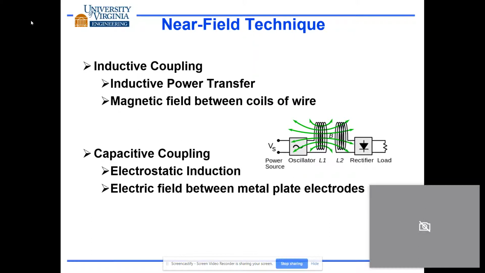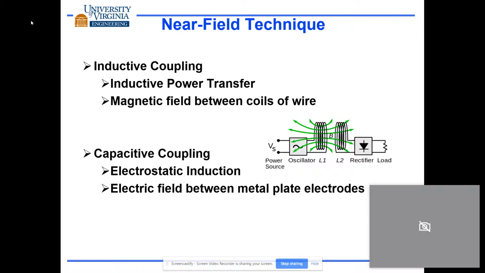For the near field technique, many of the applications primarily use inductive coupling as opposed to capacitive coupling because of the greater danger that's associated with electric fields. Magnetic fields, on the other hand, pose less of a threat to living things. Inductive coupling, as I mentioned before, is just passing an AC current through the transmitting coil and creating an oscillating magnetic field with a voltage induced in the receiver end.